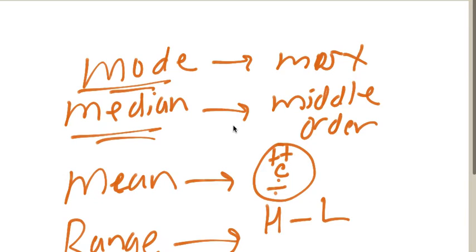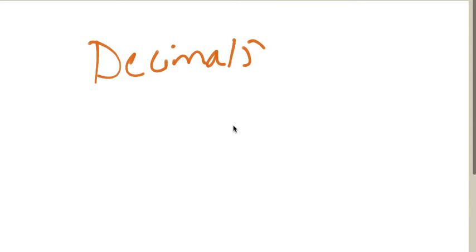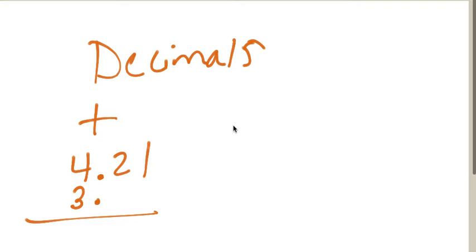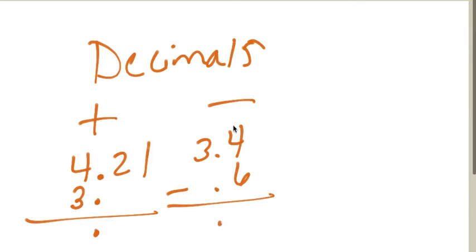Okay? Last but not least, we have decimals. What do we do with decimals when we use the 4 operations? When we add with decimals, we line them up. Line up your decimals. Keep them in a line and it comes straight down. When we subtract decimals, same thing, it comes straight down.